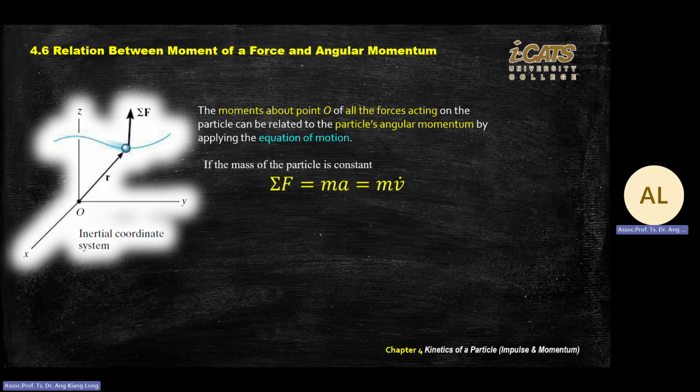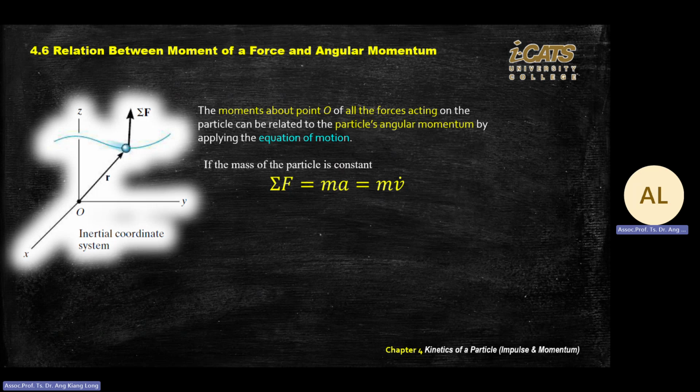Okay. So a moment about point O of all forces acting on a particle can be related to the equation of motion. We know that every time we have a force on the particle, in this diagram the particle is having an external force of F. It means you combine all the force vectors together acting on the object.